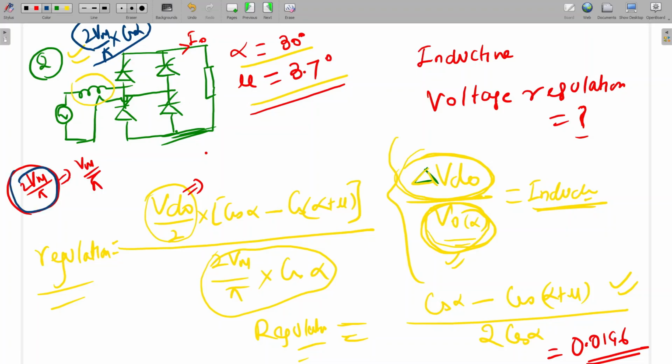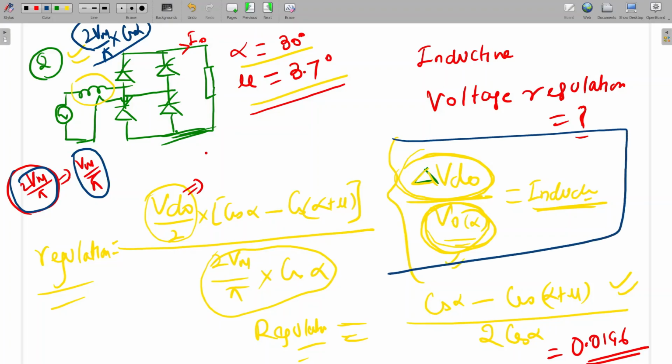And VD0 by 2 will be Vm upon pi. For the actual voltage, it is 2 Vm upon pi into cos alpha. So Vm upon pi will cancel, and then it will be like this. Is it clear? Yes, sir. So this is one concept you should remember. This question can be asked in the exam; maybe sometime they have asked also.